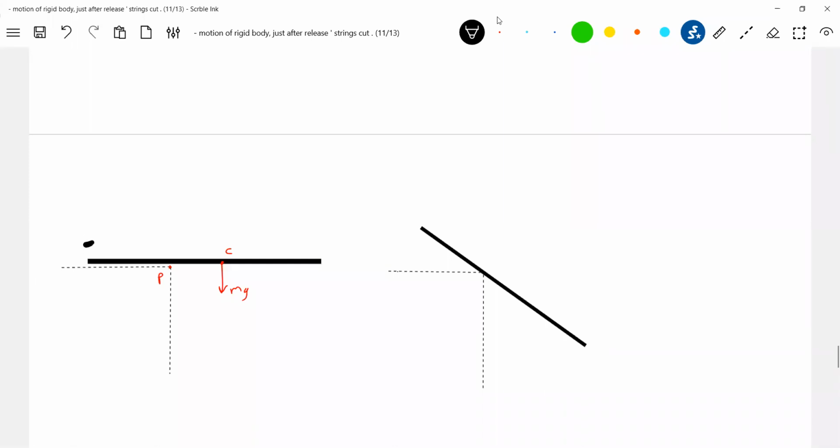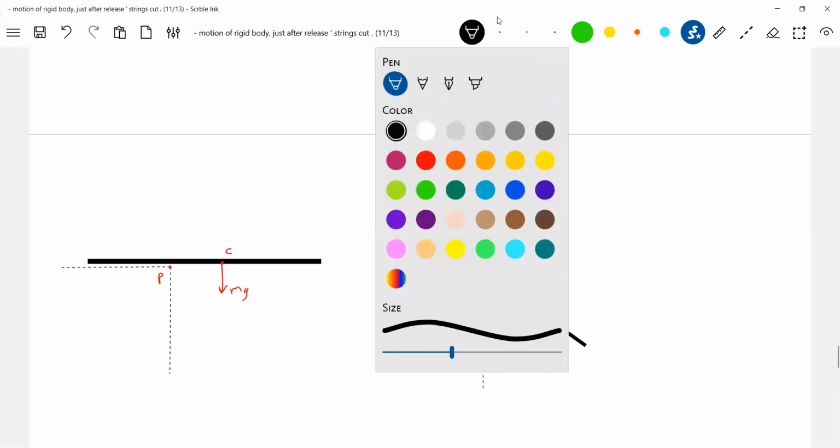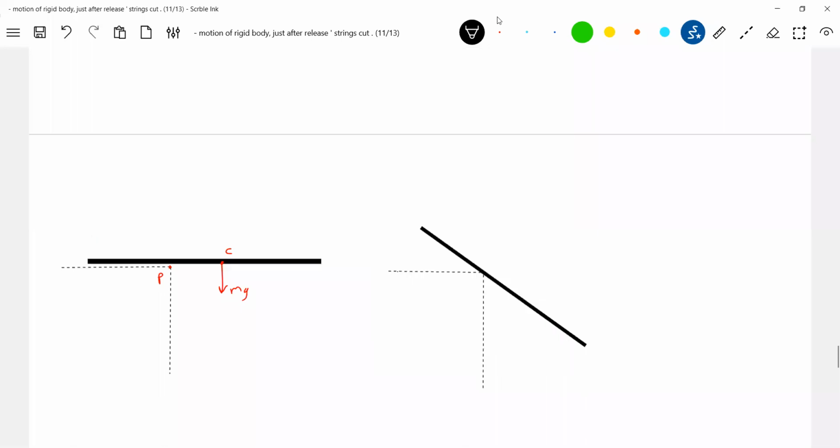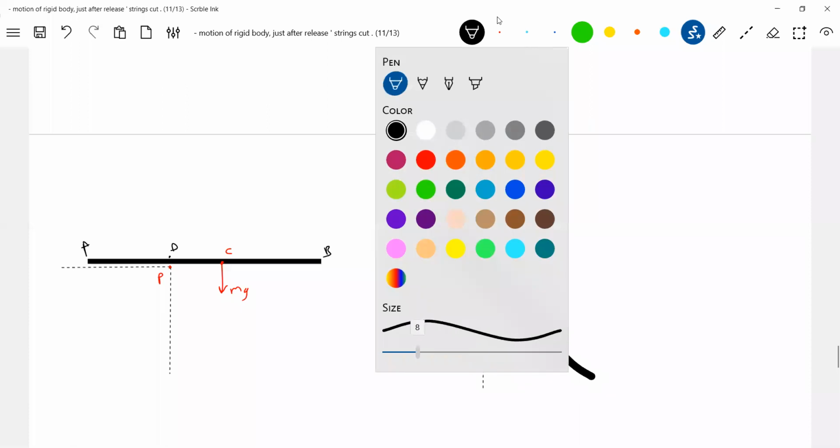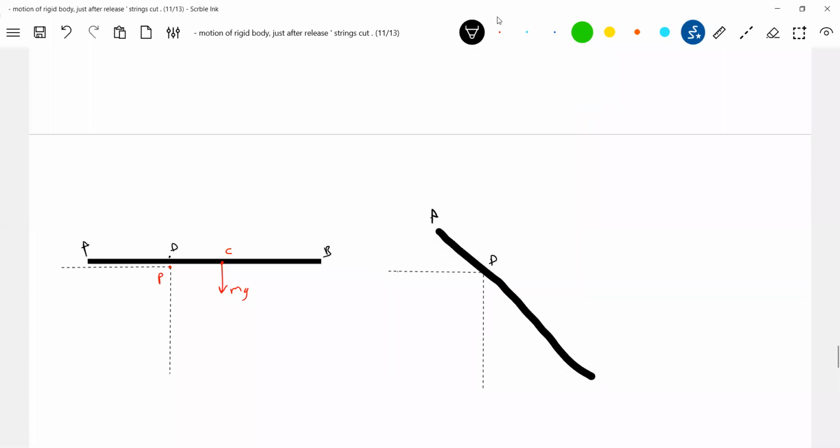Let me take this as A and this as B. The point D was in contact. So still only point D will be in contact. So we'll agree on this.